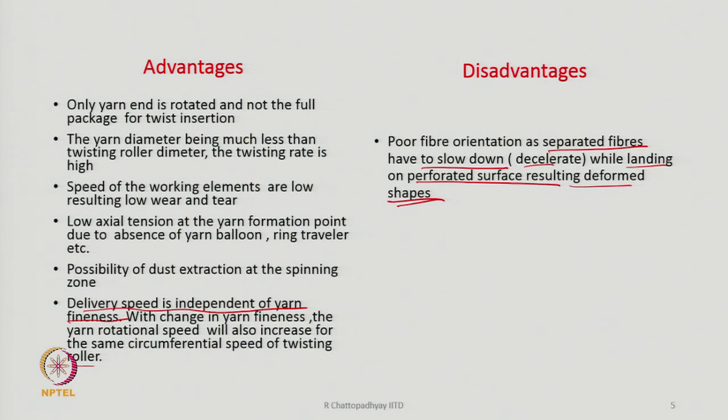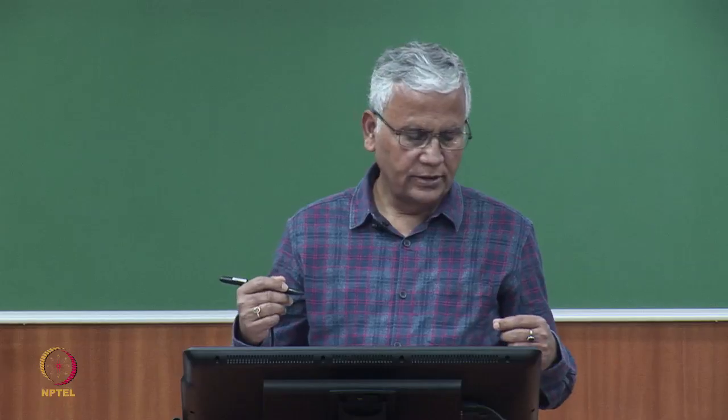So, they deform because of deceleration, and hence the yarn becomes very weak, because most of the fibers are highly deformed. So, utilization of the length of the fiber is not fully realized. That is one of the serious drawbacks with this technology.